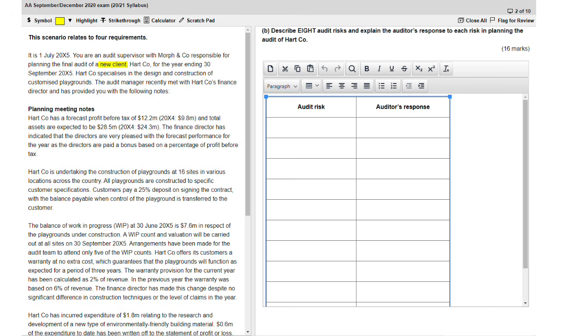So I'm just starting off. This new client is Heart, isn't it? So Heart is a new client. Now we get to the magic word, and the magic word is risk. If that word is not in the left-hand column, and sometimes I mark and people don't mention it once, I think the chances are they'll get nothing.